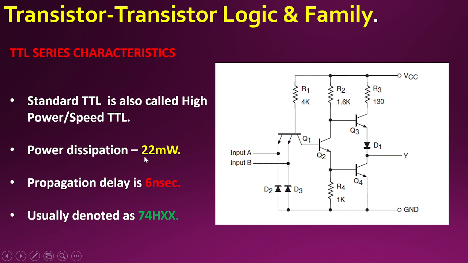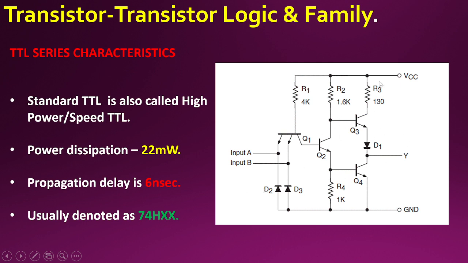Now why do we call it high speed TTL? In this case, the values of the internal resistances are chosen so that they reduce the time constant, or the time required for any input to reach the output. So it speeds up the system.